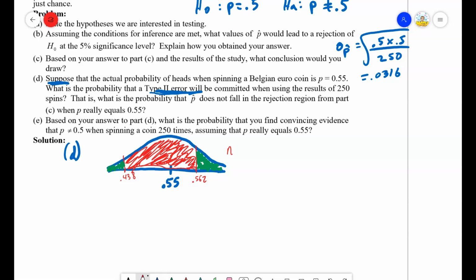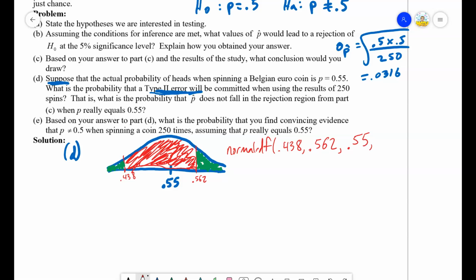So how do I get that? Normal CDF, lower critical value to the upper critical value. I'm only going to the green areas that I've shaded is correct decision making, okay? But we don't know that. We never are able to peek behind the curtain.